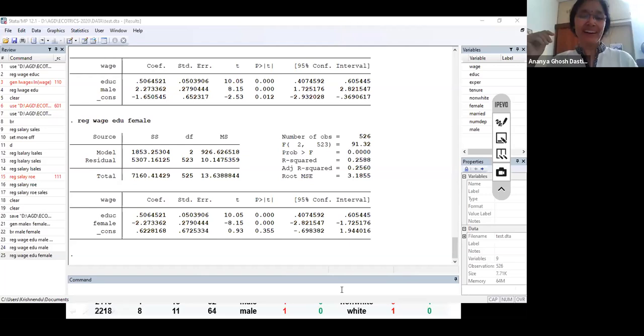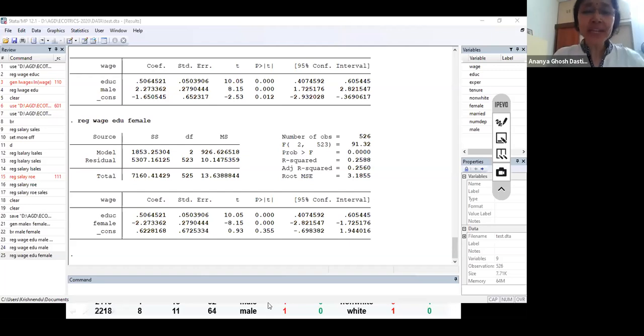One is 2.27, the other is also 2.27, but the signs are different because it's just opposite. One is male minus female, male is higher, so it's positive. The other is female minus male. So female is lower, so it is negative. So, Anonymous, to your question, why the coefficients are the same in magnitude but opposite in sign, that's the answer.